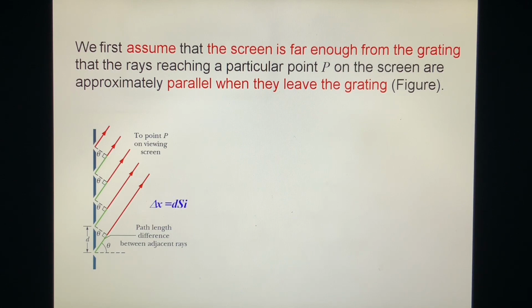Then the path difference between two adjacent rulings, delta x, equals d sine theta, where d is their separation.